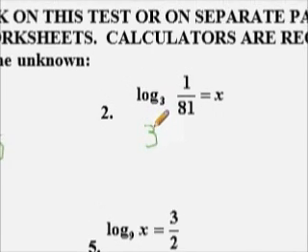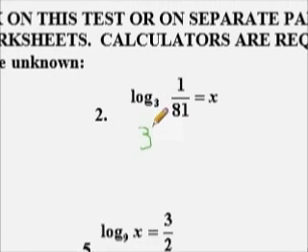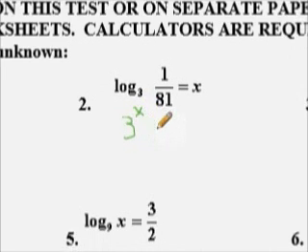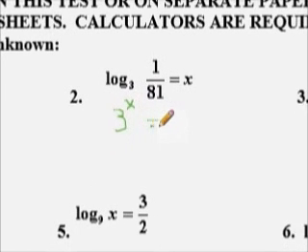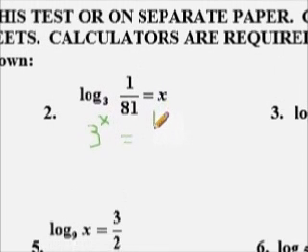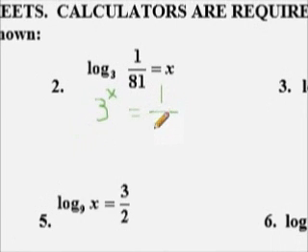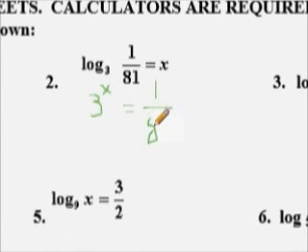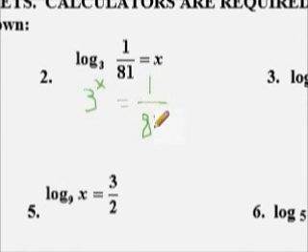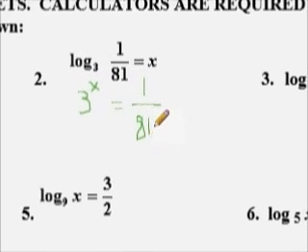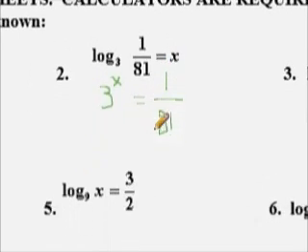The answer is x. To what power do I need to raise 3, the base, in order to get 1 over 81? Okay, so what we're going to do is make a conversion here.